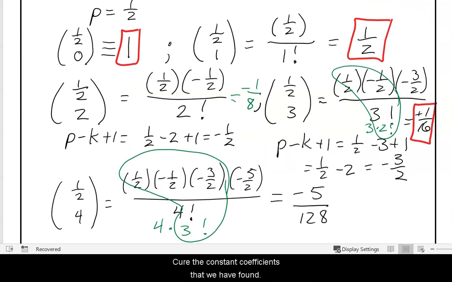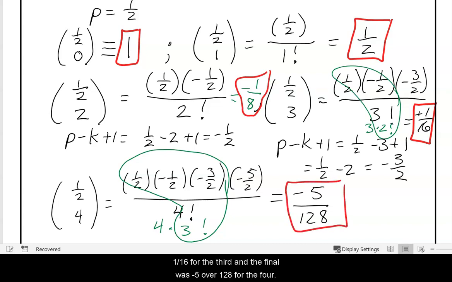Here are the constant coefficients that we have found. We have got the 1 for the 0th, 1/2 for the first, -1/8 for the second, 1/16 for the third, and the final was -5/128 for the fourth. Now what we want to do is put these into the format for the binomial series.